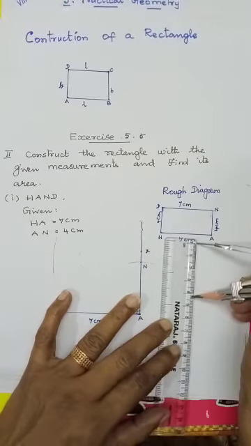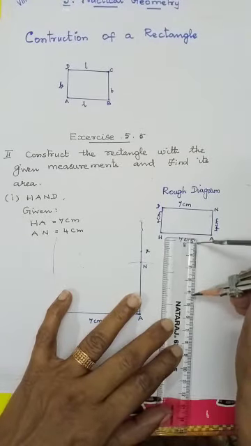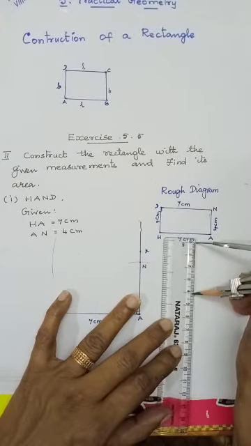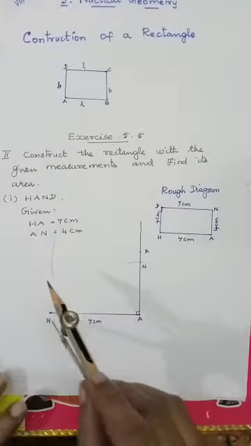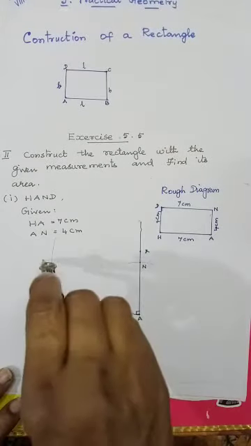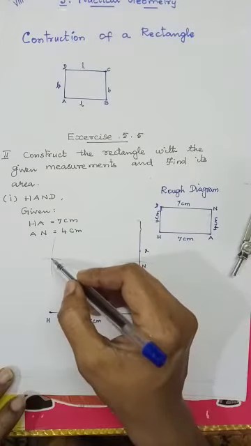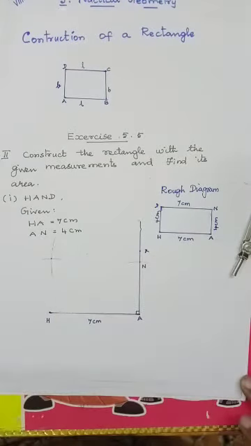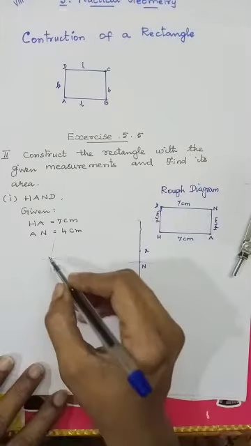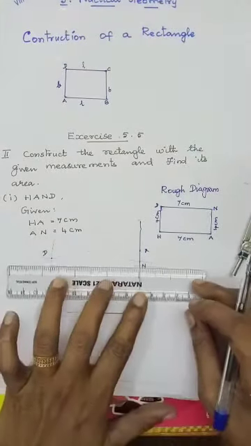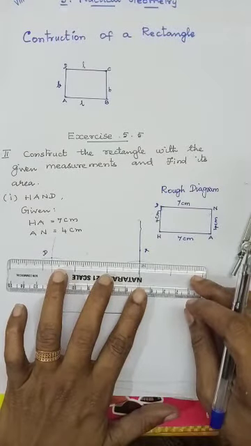I have taken 4 centimeter. Now from H you draw another arc. Now you have got the center here. Now you join the center. Name the center as D. You join the points now, N to D.